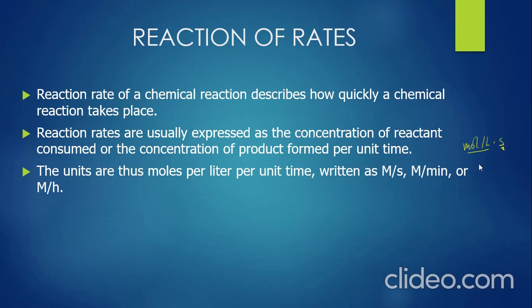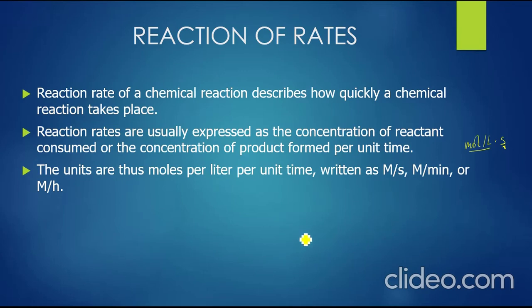And then since you know what the reaction rate is, how to define it, and the units for the reaction rate, you need to know how to determine the reaction rate. For the reaction rate to be determined, chemists should initiate a chemical reaction. After that, chemists should measure the concentration of the reactants or the products at different times as the reaction progresses.